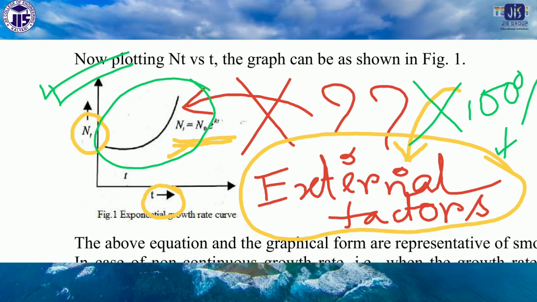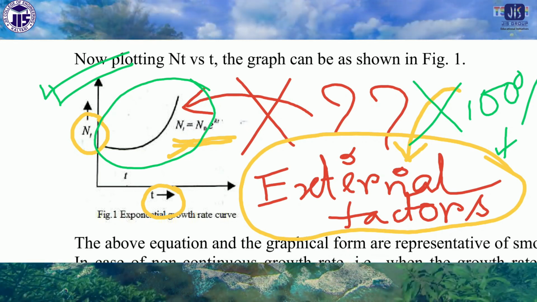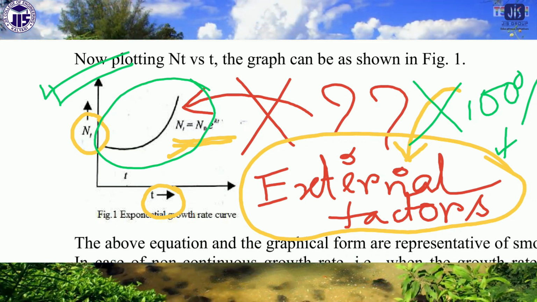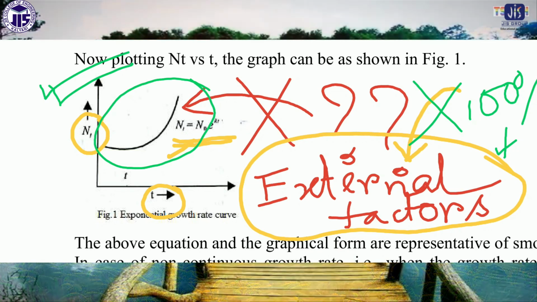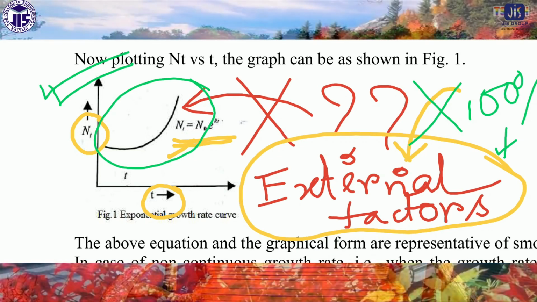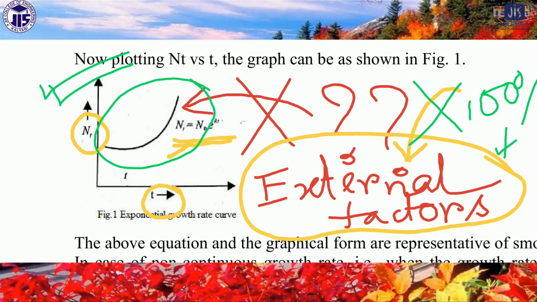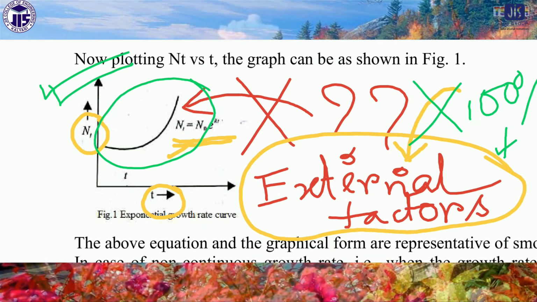So that's why we have to think about another model which will be more logical and more appropriate. There we consider the external factors which exist in our ecosystem or environment, and by including the external factors, we will be able to develop a curve or graph by which we can explain each and every scenario and situation of the environment.